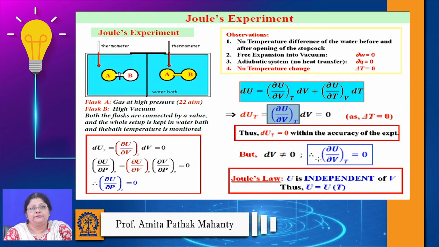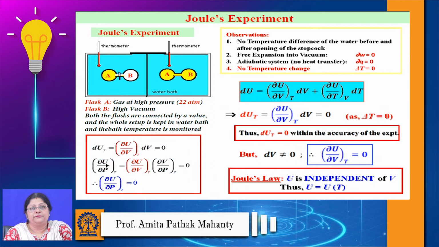And you can show here, suppose you have this expression. Now you differentiate this with respect to pressure at constant temperature. So you will have this as it is, and then volume change with pressure at constant temperature. But we know from here that this is 0. So if this second part is 0, then what can be concluded?